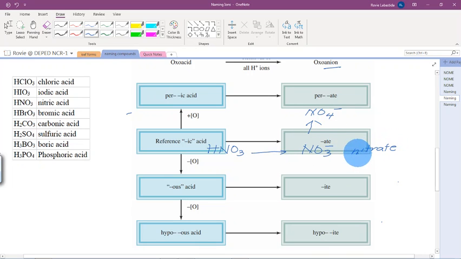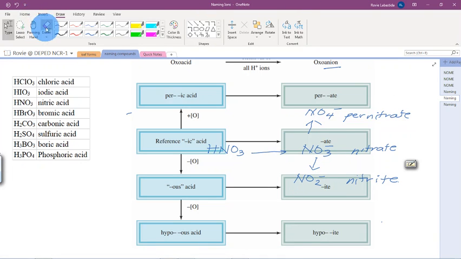And from nitrate, if we add one oxygen atom, this will become pernitrate. And then if we remove one oxygen atom, that will become NO2 negative, which is called nitrite. And that's it.